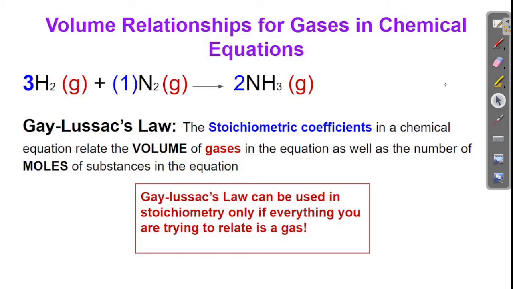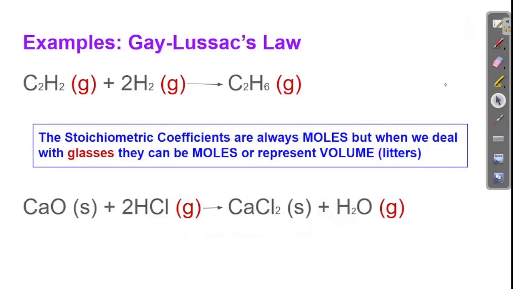This law can only be used in stoichiometry if everything you're trying to relate is a gas. So you only use this law to relate gases. For example, you have 1, 2, and 1. They're always moles. You always can relate things inside the equation, the recipe, as moles. This case is not a problem because everything is a gas here.